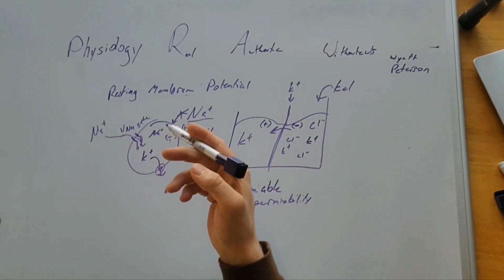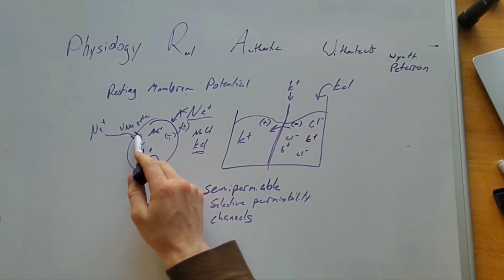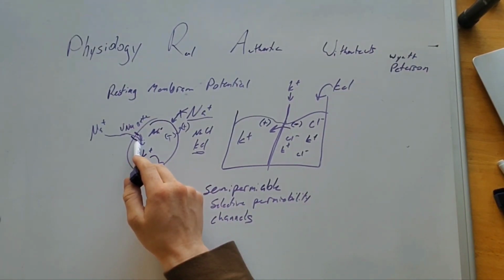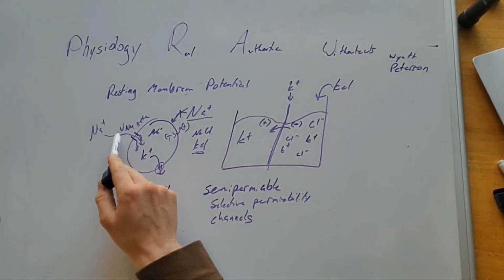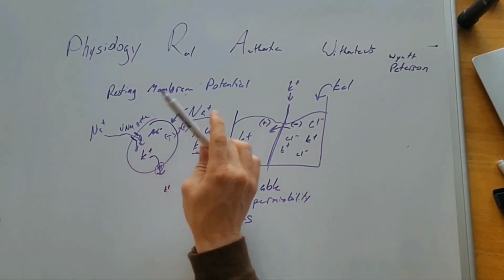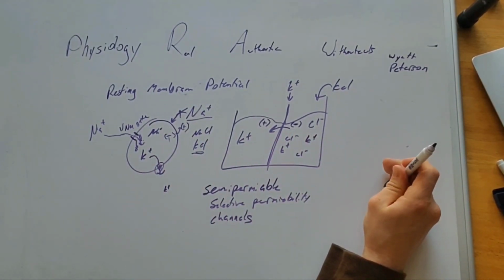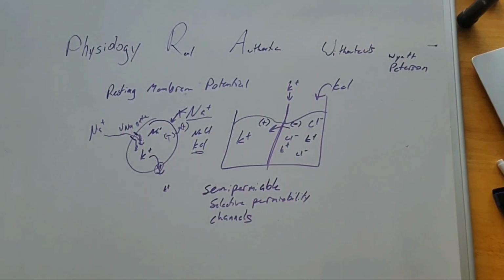Sometimes temperature. If it's a high temperature, proteins will move faster, so the inactivation gate of the sodium voltage gate will act faster and close faster, so that will affect it as well. All right, moving right along.